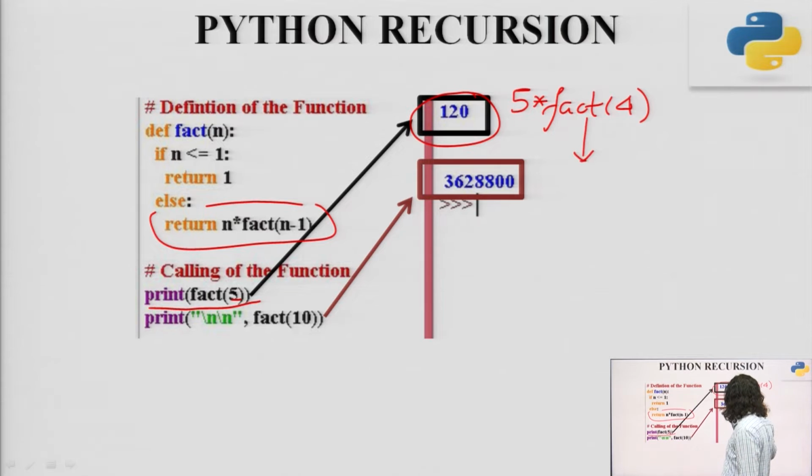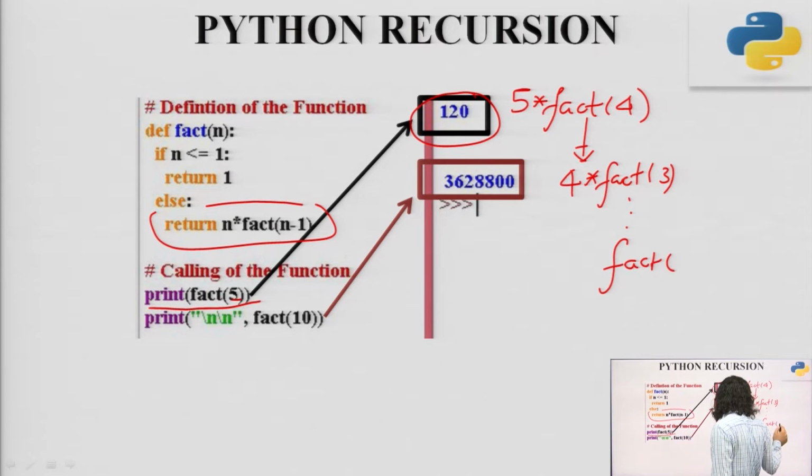Similarly, this factorial function will again call its function and there it will become 4 multiplied with factorial of 3. This process will continue until the factorial value becomes 1, because at the moment it becomes 1, the answer for that is directly 1.